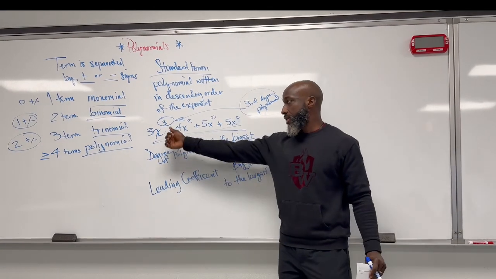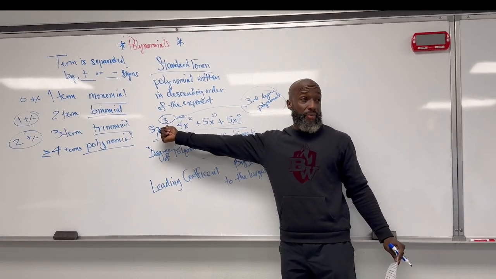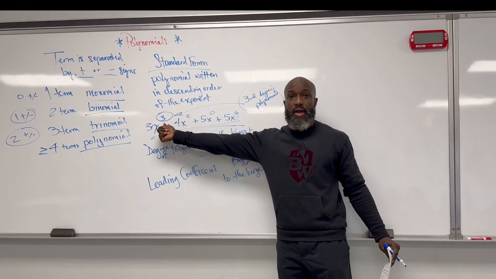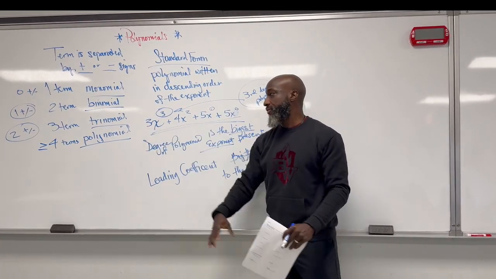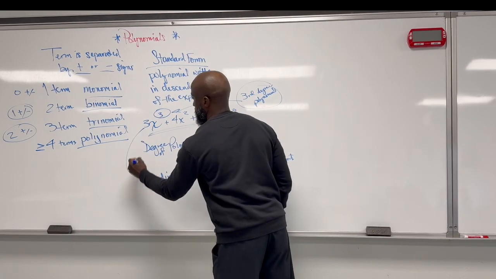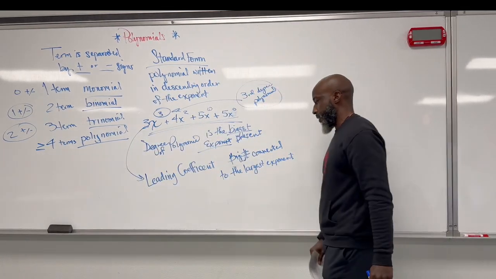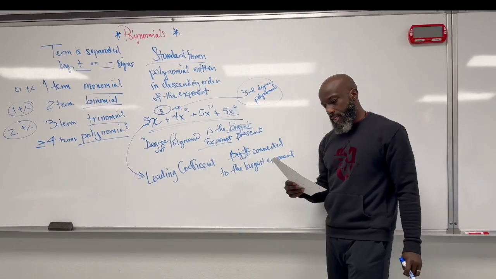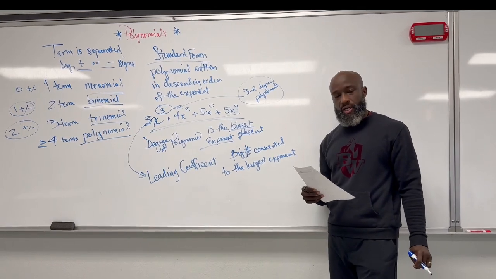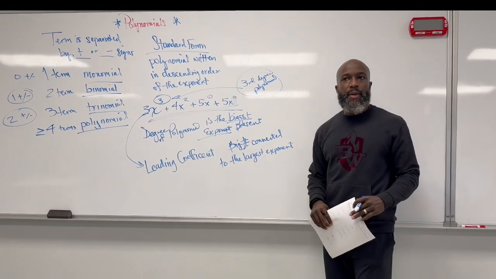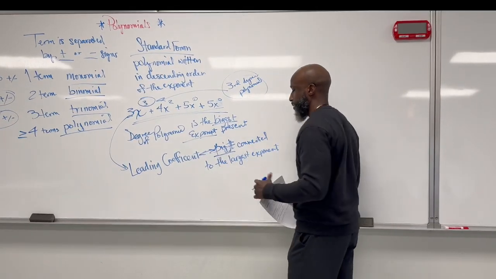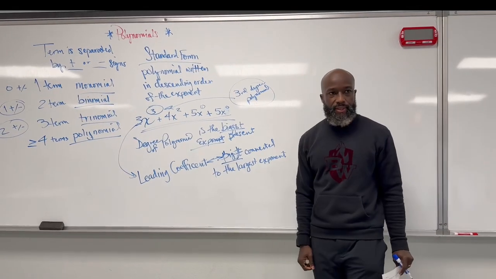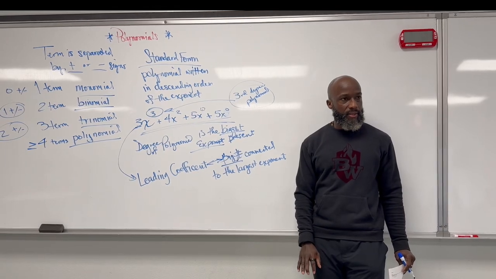In this case, 3 is the biggest exponent, so the coefficient connected to it is the leading coefficient. The leading coefficient is this 3 here. Remember, the coefficient is the big number connected to the largest exponent. Everybody good with that?